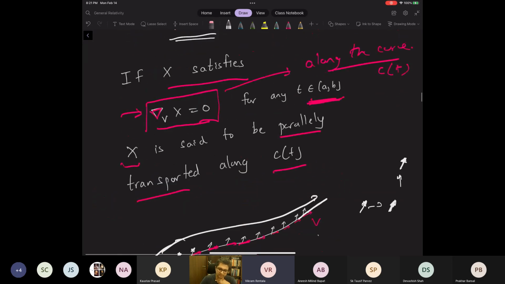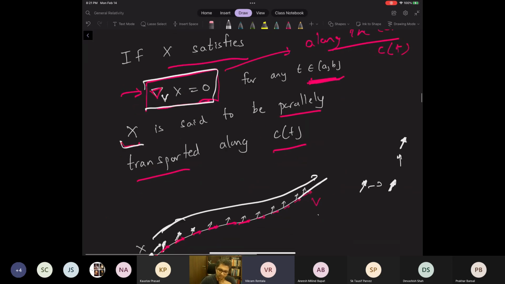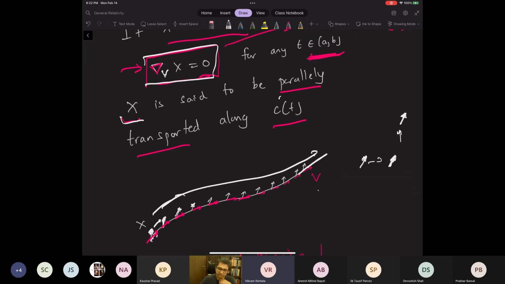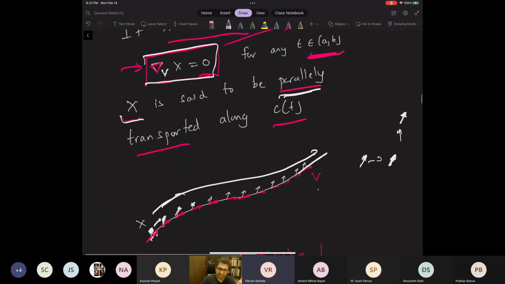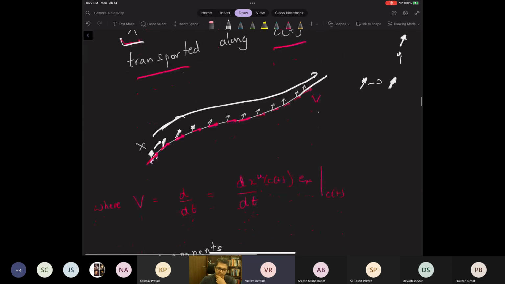So if such an x satisfies this property, that its derivative along the tangent vectors to the curve is 0, then you say that x is parallelly transported along the curve. It makes sense intuitively why you define this as the notion of parallel transport. This is basically the statement that x is not changing as I move along the curve.